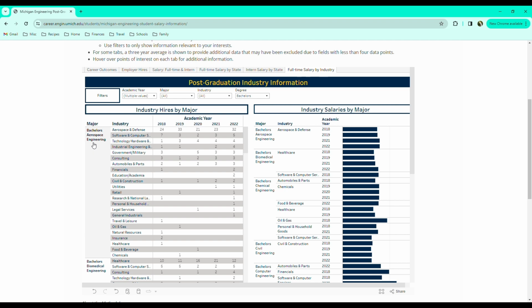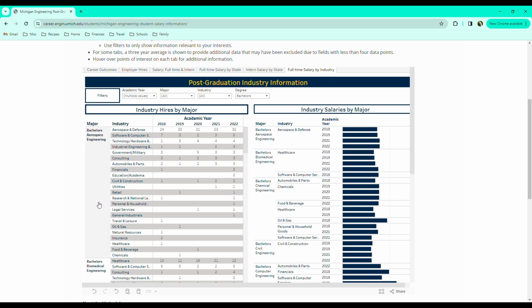So an aerospace engineer, that is designed to support the aerospace industry. But if you look at the number of other industries that have hired from University of Michigan aerospace engineers, there are a lot. Now, it does drop off after that aerospace, but still, there are a lot of opportunities.